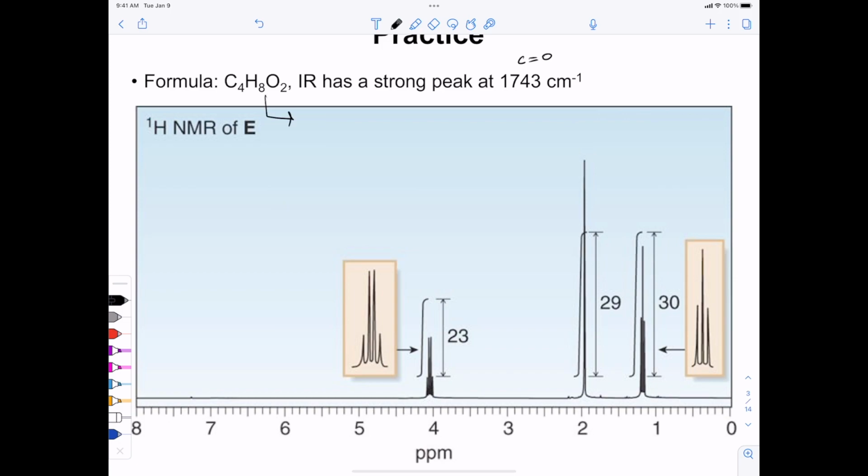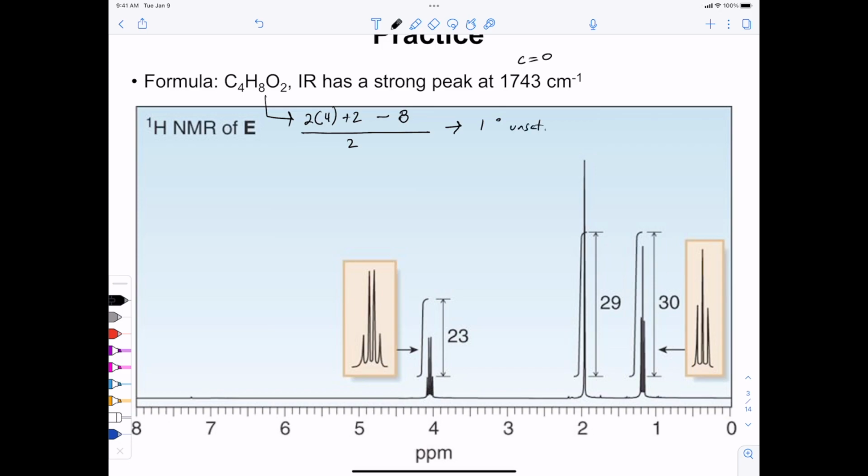Then you can do the number of pi bonds or rings present in this organic molecule. 2 times 4 plus 2, ignore the number of hydrogens, number of carbons, subtract the number of hydrogens that we have, and divide by 2. That means we have 1 double bond equivalent, or 1 degree of unsaturation.